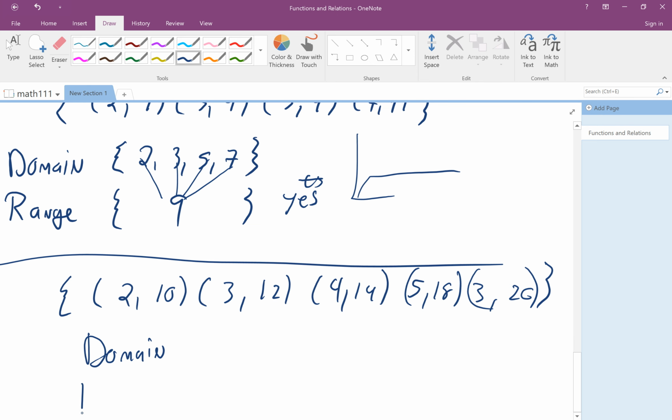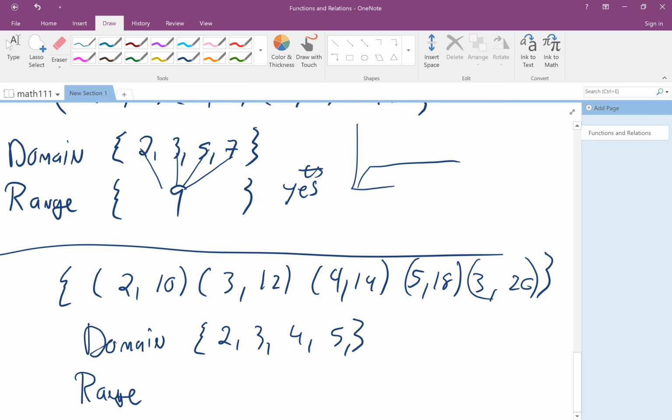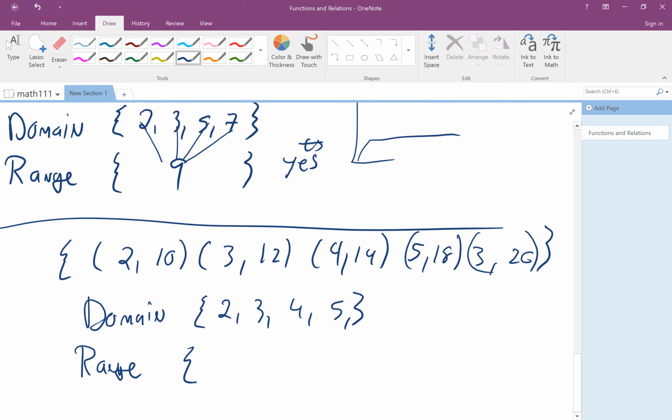Domain, range. Domain is 2, 3, 4, 5. Do I have to write 3 again? No, I already got 3 in there, so I'm not going to write it again. I probably wouldn't mark it wrong if you did. I'd just say, oh, you already got it there.